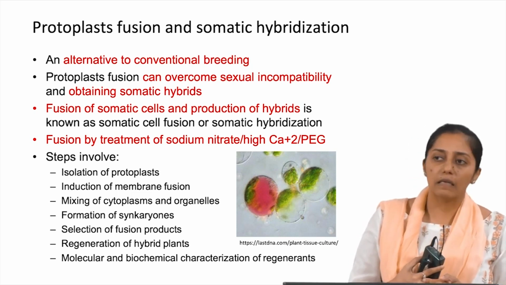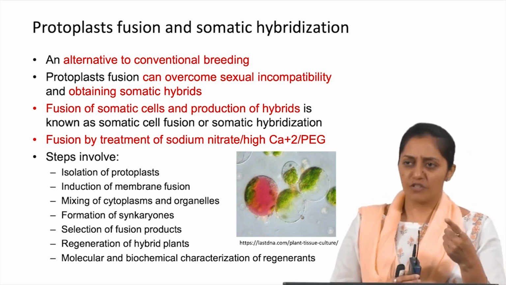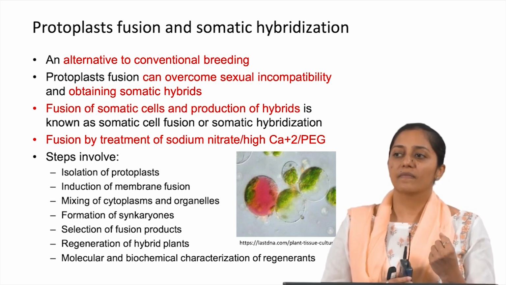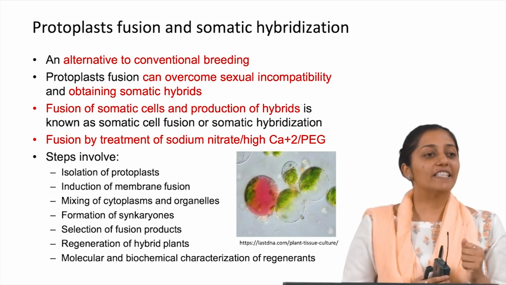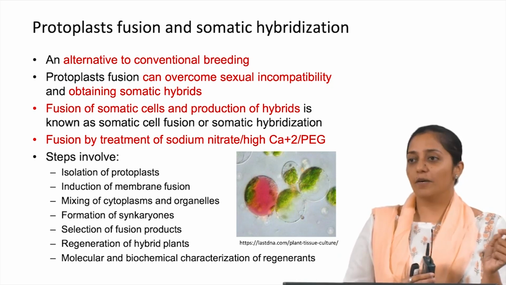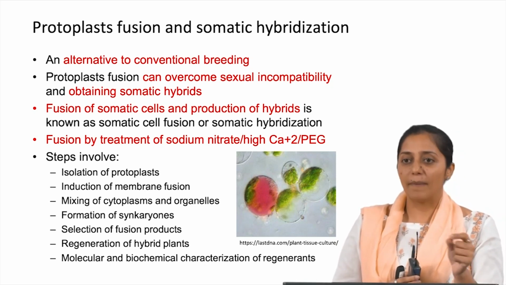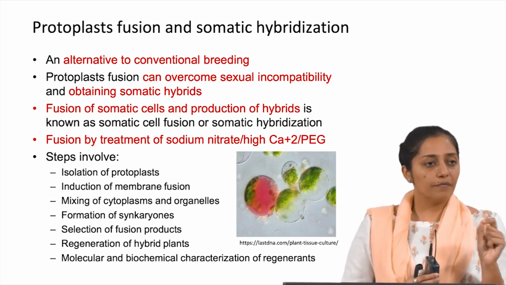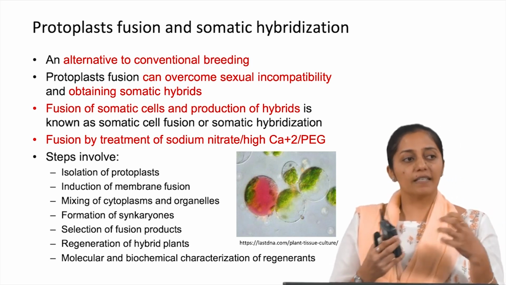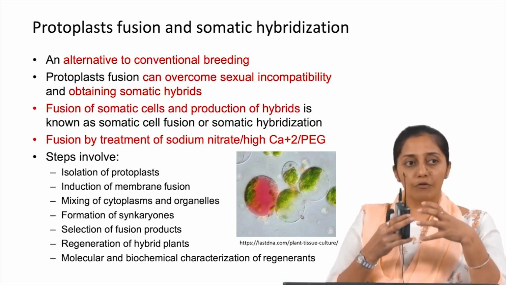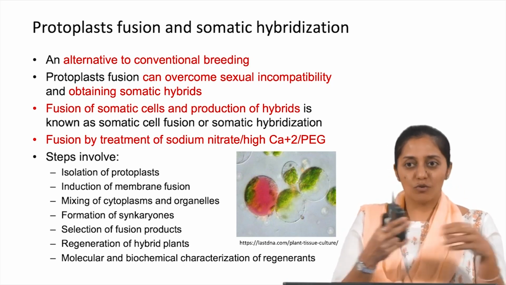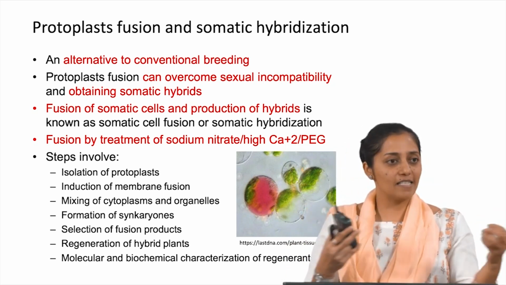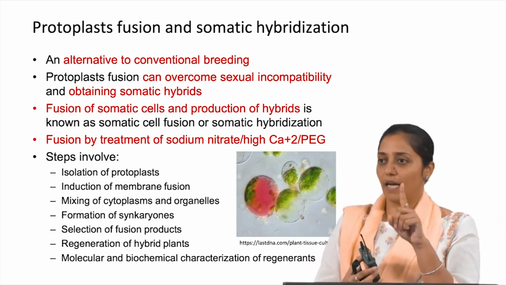How is polyethylene glycol? PEG is used in transformation, isn't it? What is it doing? Permeability. It is manipulating the permeability of the cell membrane reversibly. So it would facilitate what? The cell membranes have to fuse together so that there is a transfer of nuclei, organelles, cytoplasm, and it has to become one in hybrids.